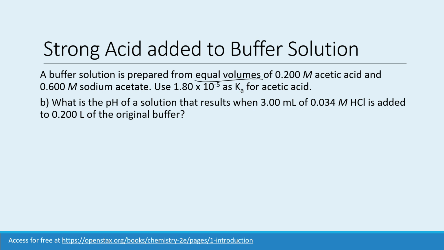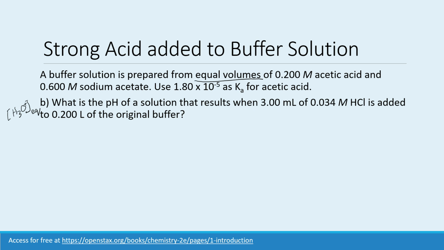Use the 1.8 times 10 to the negative fifth for our Ka value. What is the pH? And remember, pH, we're always looking for that hydronium ion concentration at equilibrium. That's what matters to us. What is the pH of a solution that results when 3 milliliters of a 0.034 molar hydrochloric acid is added to the 0.2 liters of the original buffer?